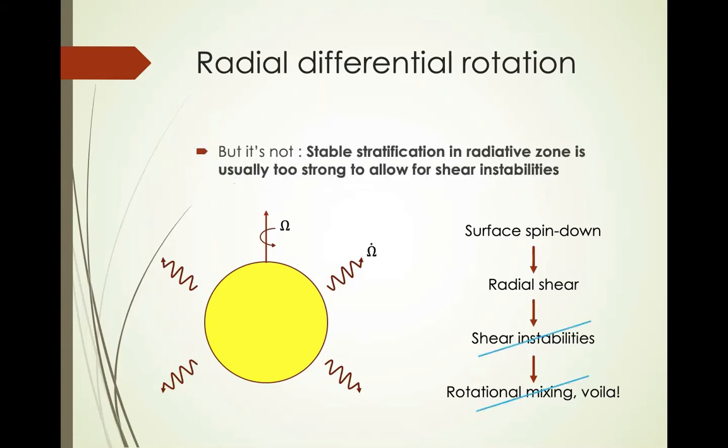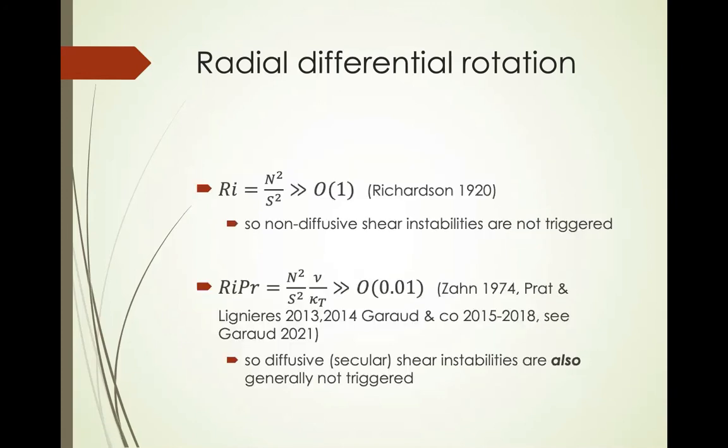The main reason for that is that the stratification in the radiative zones of stars is usually extremely strong, and it's much too strong to allow for shear instabilities. So the last two steps of that reasoning just do not work. And to see why that's the case, we must introduce the concept of a Richardson number. The Richardson number is the ratio of the buoyancy frequency squared to the shearing rate squared.